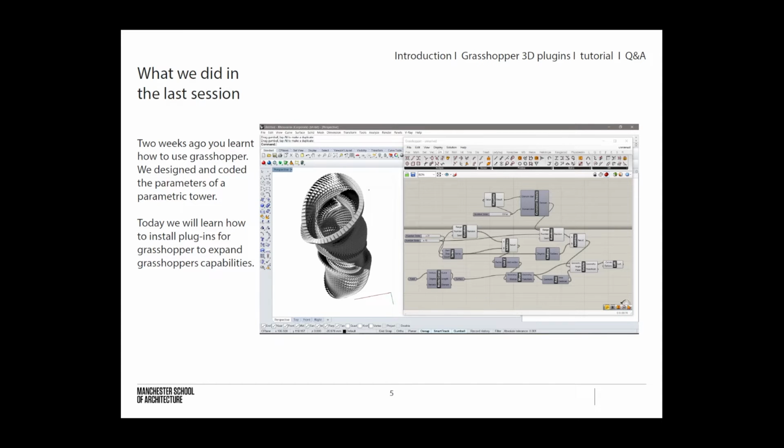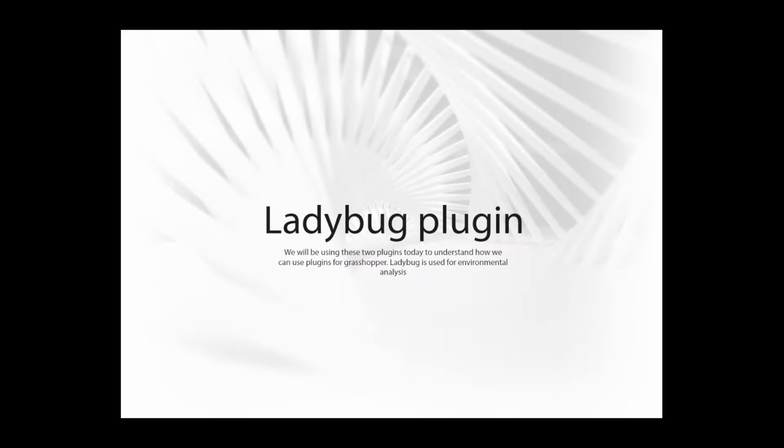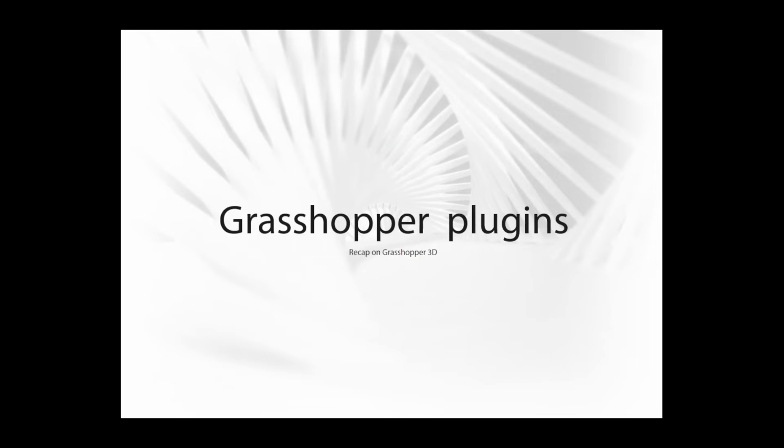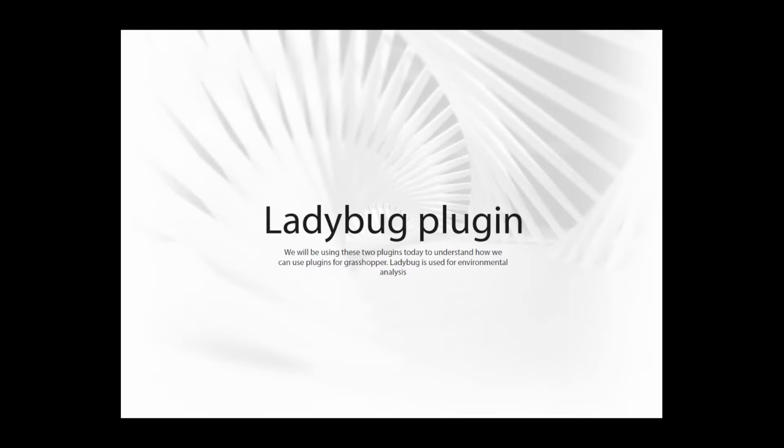So you should all have a very good understanding of how to develop a script, right? You're still learning different applications and different possibilities, that's fine, but you know how to develop the script and work through the data, right? So for today's session, I want to talk about plugins for Rhino, okay?